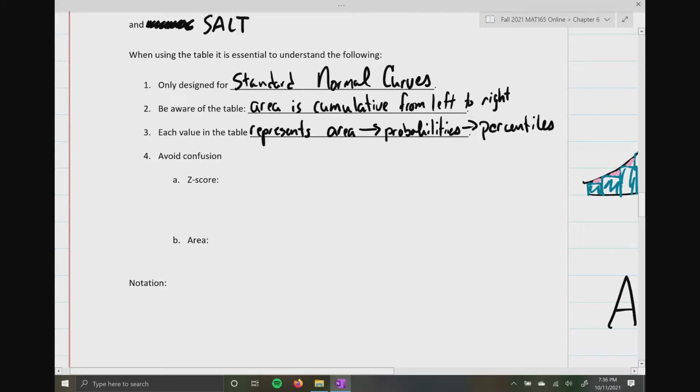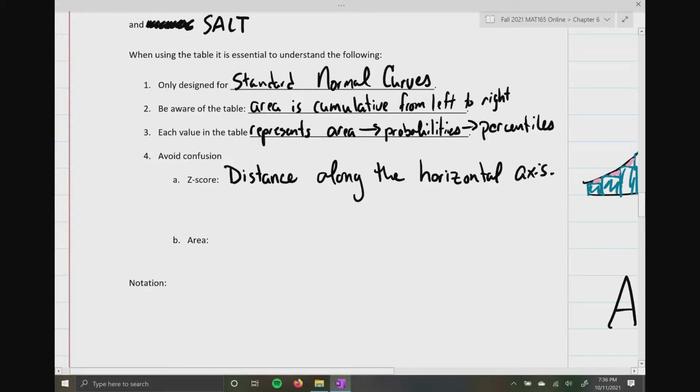First, a z-score is a distance along the horizontal scale or axis. I'll just write axis.